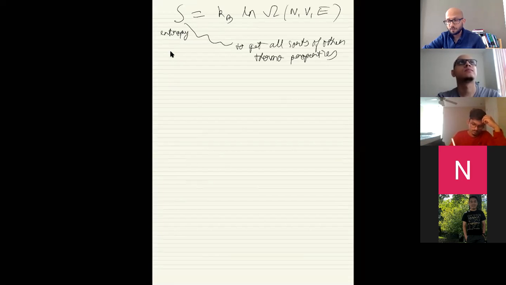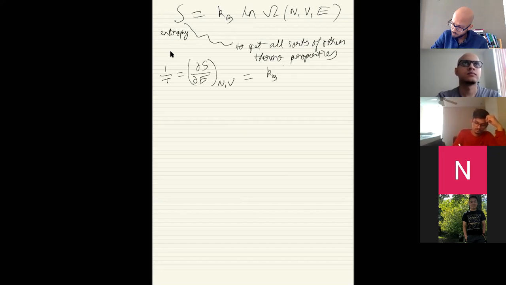For example, what is the first one we can think of? The first one is temperature. 1 by T is equal to partial S by partial E at constant number and volume. What does it mean? It means that 1 by T is equal to KB partial ln omega by partial E at constant number and volume.